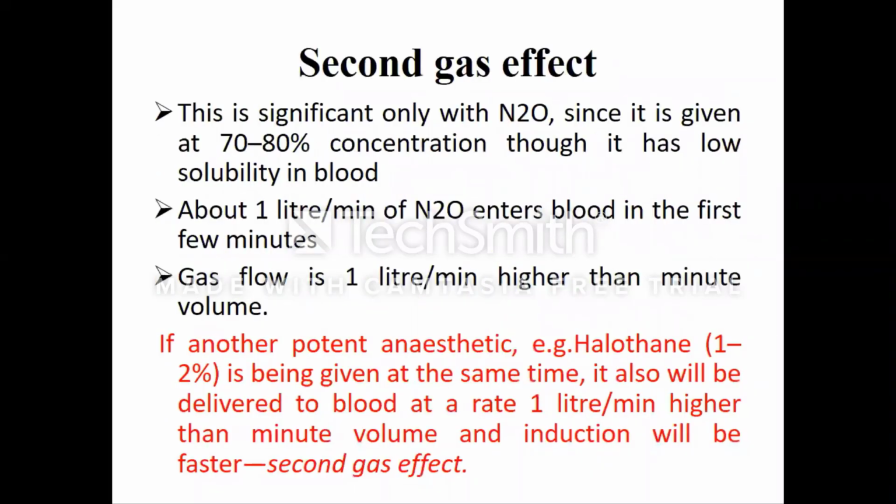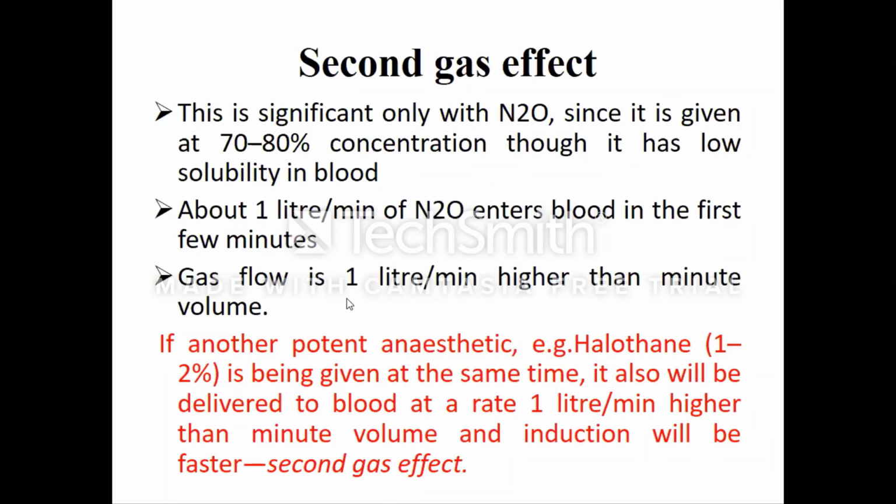Now, what is the second gas effect? The second gas effect is significant only with nitrous oxide, because it is given at a concentration of 70 to 80%. Though it has a low water solubility, it enters the blood at a rate of 1 liter per minute in the first few minutes, and the gas flow is, as I already said, 1 liter per minute.